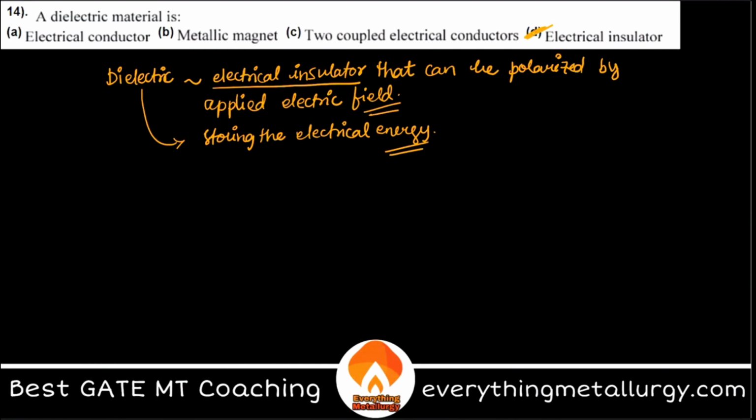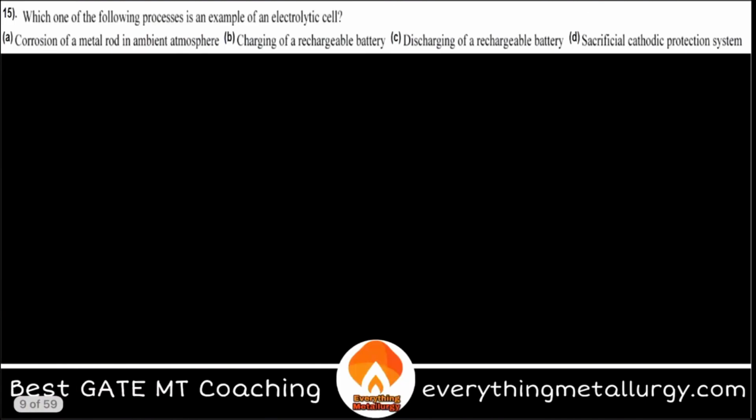And sometimes you see that even heat is dissipated when you apply this electrical field. So the options are electrical conductor, metallic magnet, two coupled electrical conductors, and electrical insulator. So the answer is insulator, right?